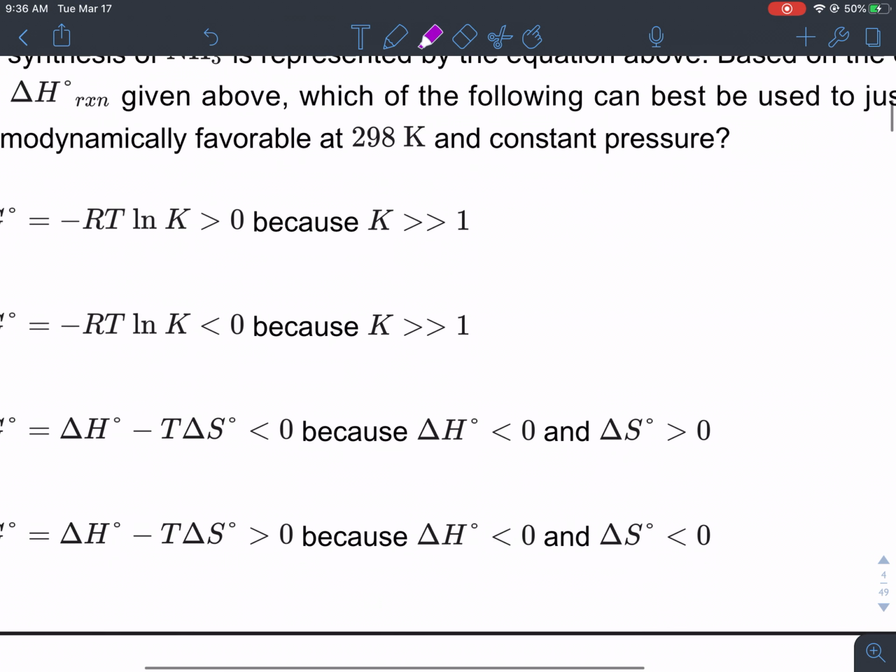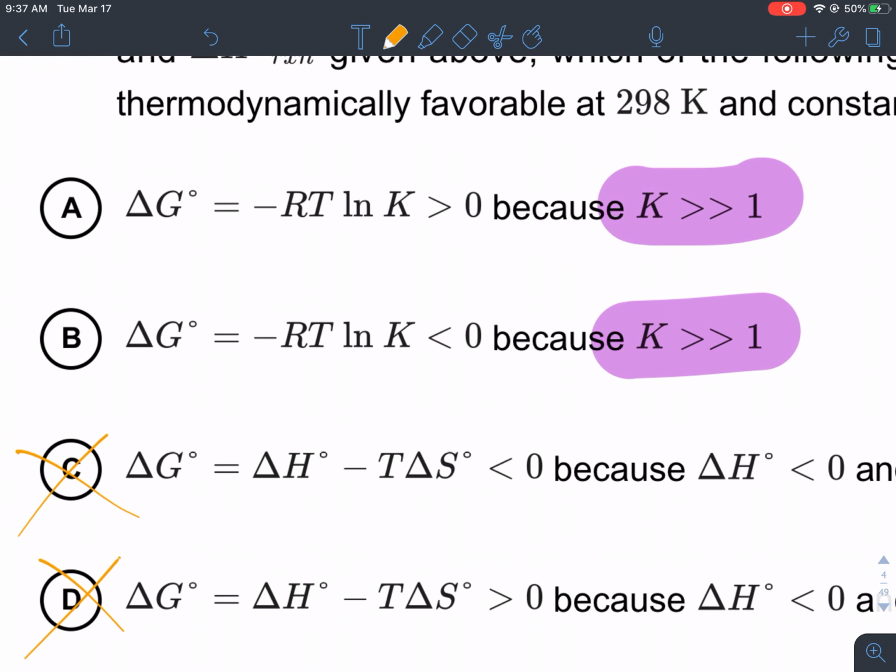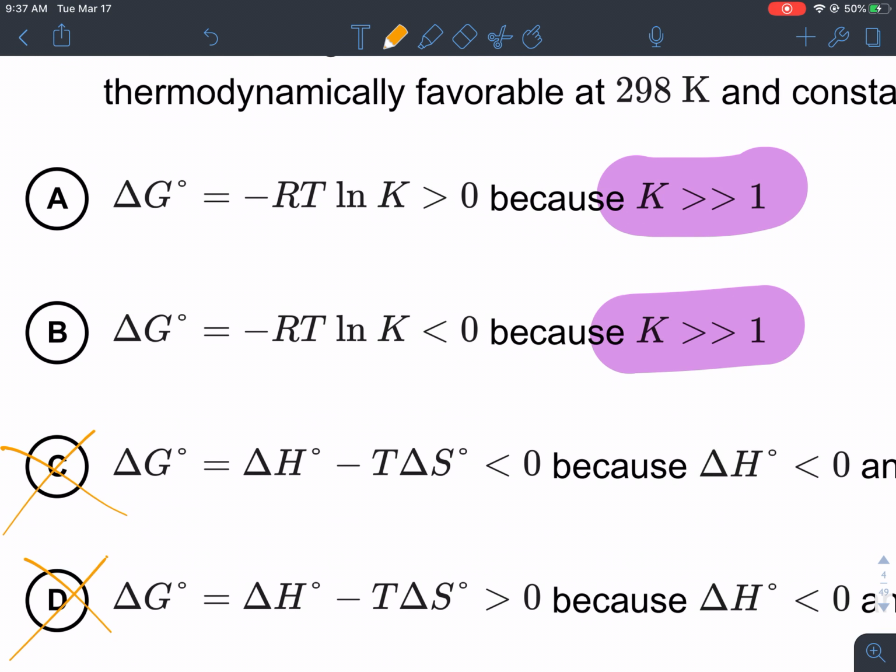So your delta G is equal to negative RT ln K is greater than 0? No. You want your delta G to be less than 0. You want it to be negative because your products over your reactants is way greater than 1. That's how they say way greater. They put two greater than signs. It's like greater than. So great.